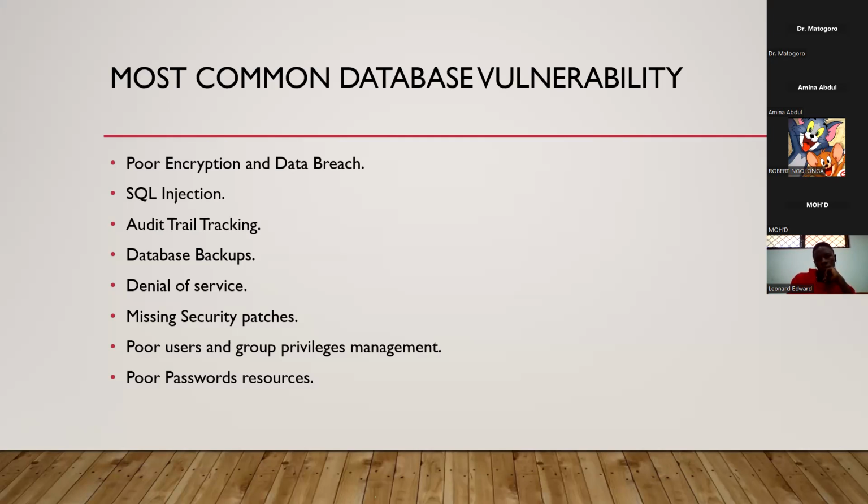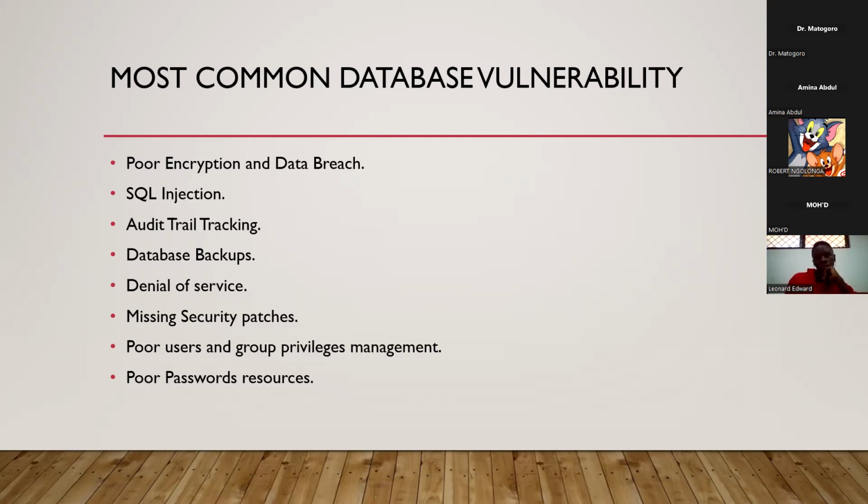But also we have poor user and privilege management. Not all the attacks on database security are coming from outsiders. Some are coming from the internal. For example, when you have poor privilege management, people are supposed to see only what they need, so you have groups of privileges.